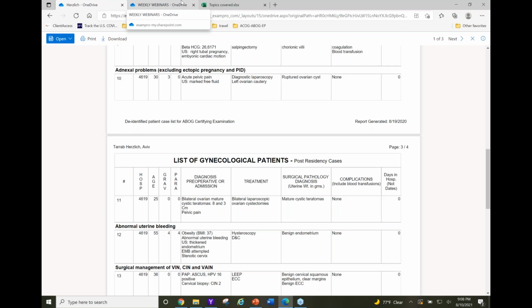Mature cystic teratomas are benign germ cell tumors. That's how I would characterize them. They do contain embryologic tissue that is from the ectoderm, also from the mesoderm and the endoderm. So all three types of embryologic tissue are found in mature cystic teratomas.